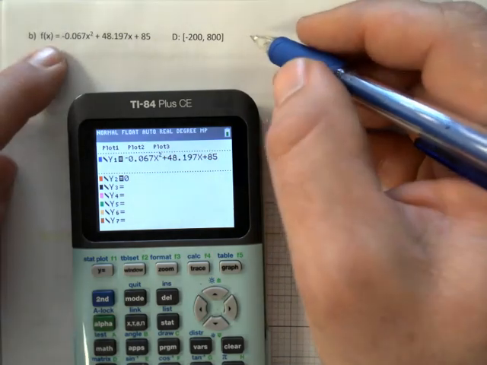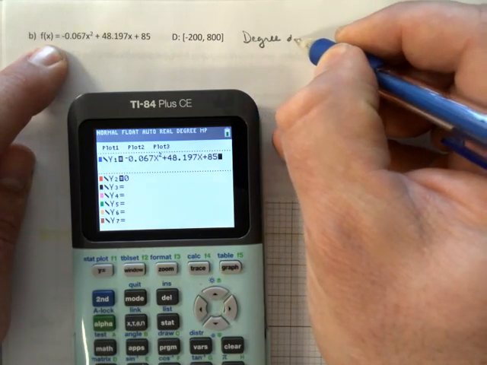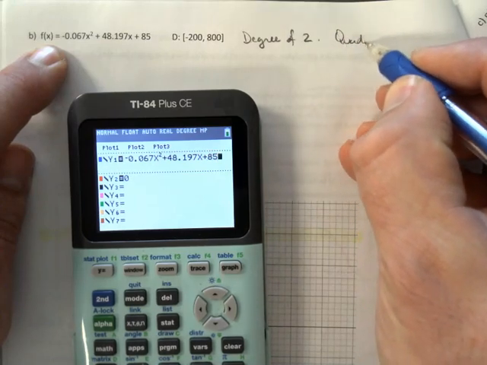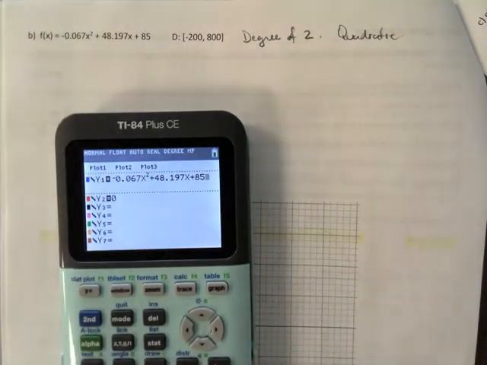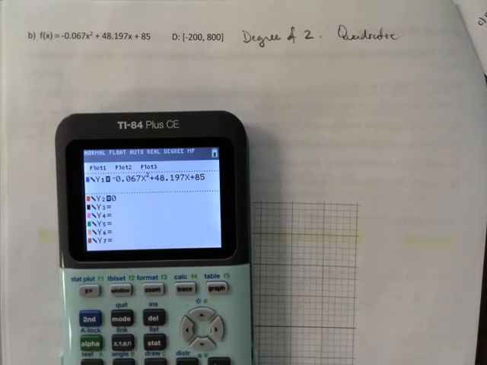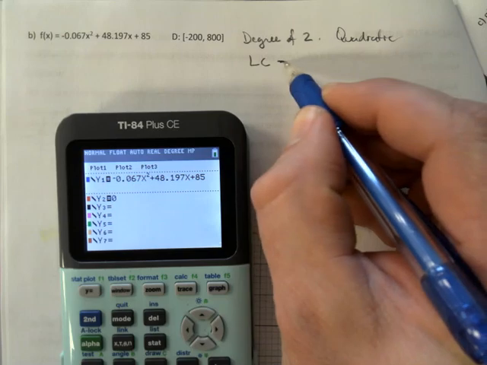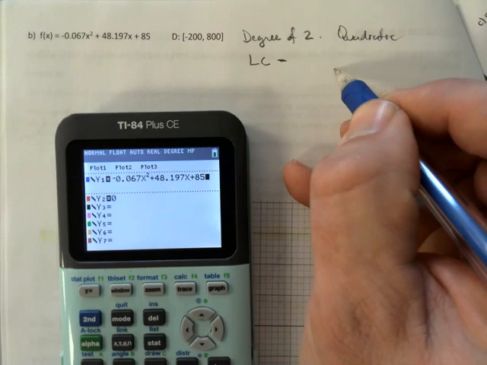What do we know about this one? It has a degree of 2. It's a quadratic, because I want you to be able to see right away when you're confronted with a formula, or a function, what is this? The leading coefficient is what? Is negative. So what do I expect? Which way is this going to go, up or down?